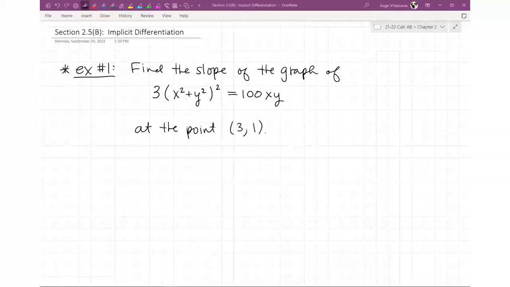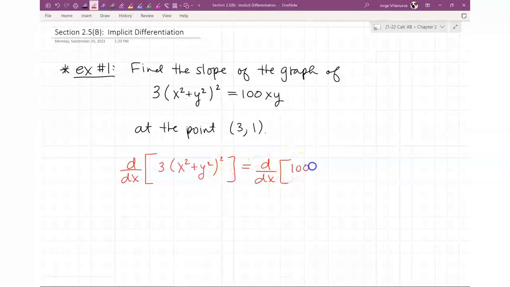Okay? So what I'm going to do is I'm going to take d dx of both sides. Okay? So d dx of 3 times x squared plus y squared squared equal to d dx of 100xy. Right now I'll start separating things, moving things out that we don't need.